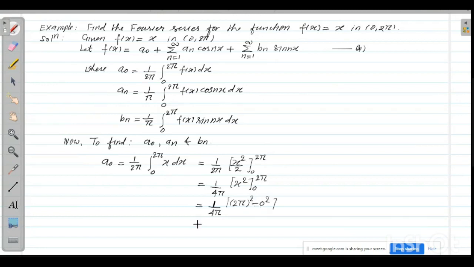So this is 1 upon 4 pi and 4 pi square. So 4 pi and 4 pi cancel, 1 pi is remaining. So your a naught will be pi. Therefore we can say that a naught equal to pi. Just put this in the bracket.